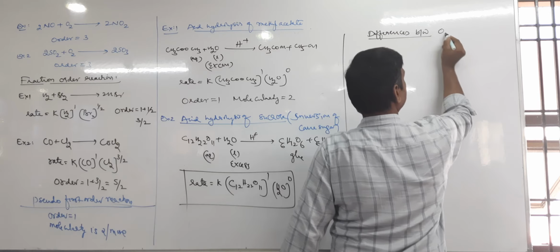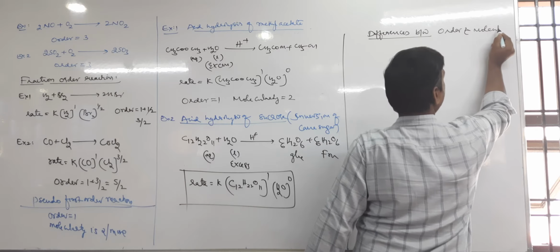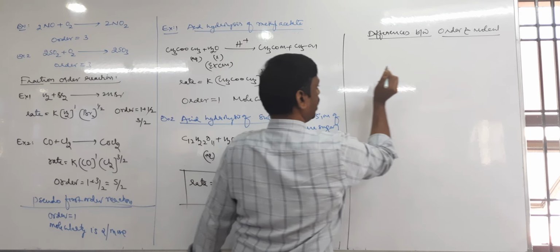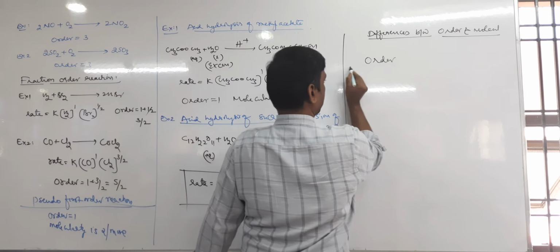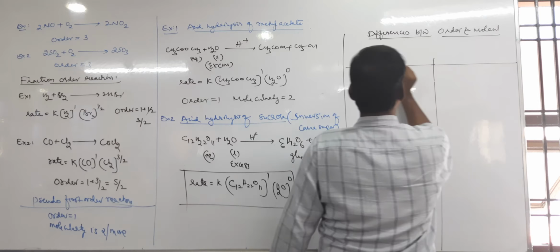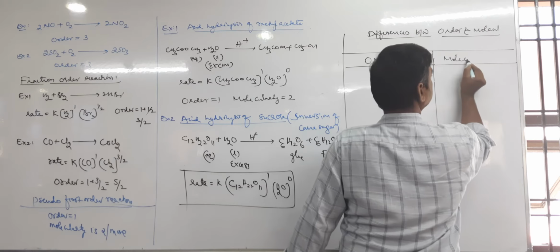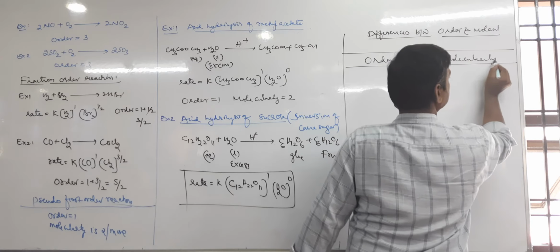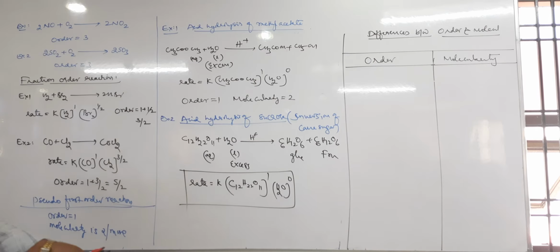Differences between order and molecularity. Take one side as order, other side molecularity. Tell me, what is the first difference? Definition, no? So what is the definition of order?